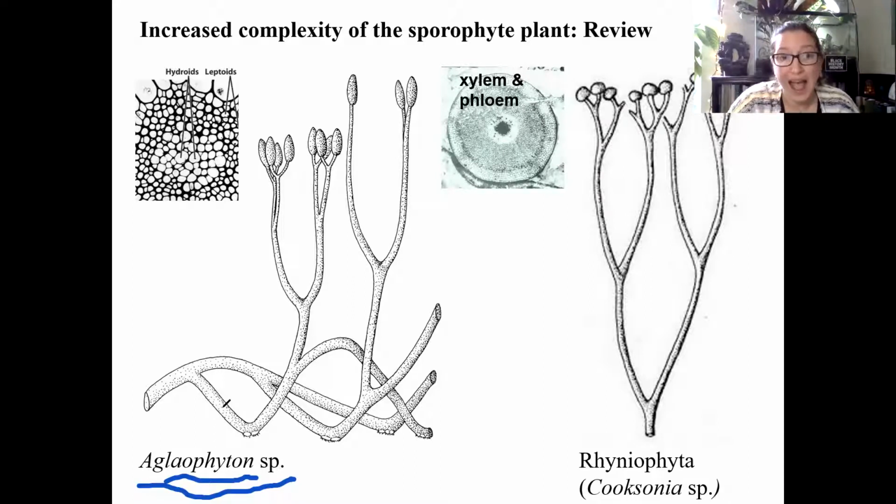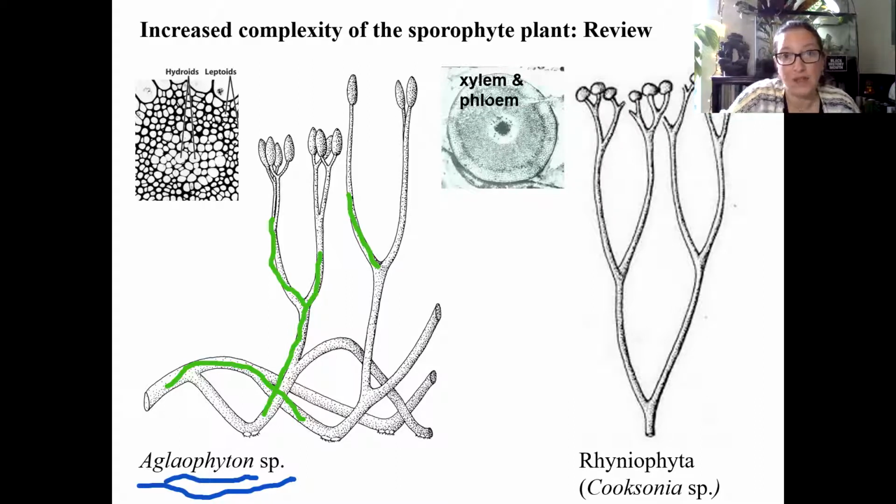It no longer has to be attached to the gametophyte plant. Why not? Well, because it has the ability to make its own food. So look, the stems are green, photosynthetic stems.